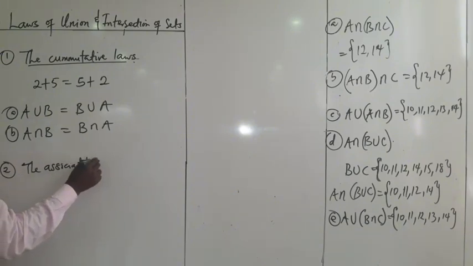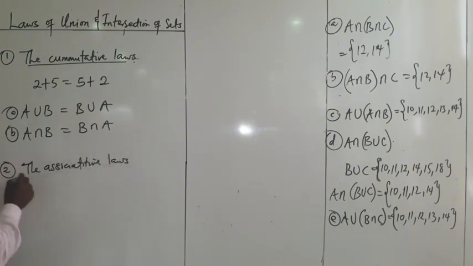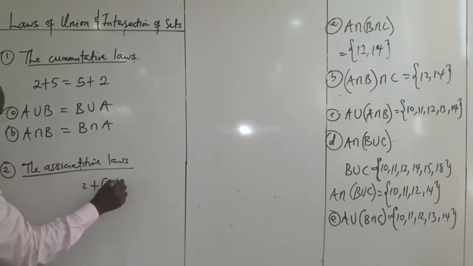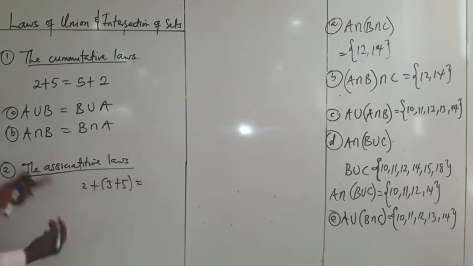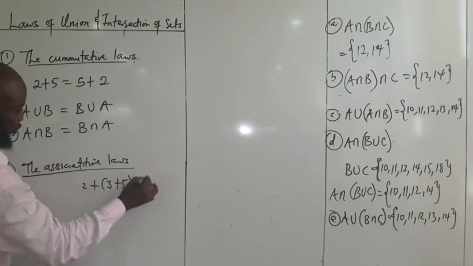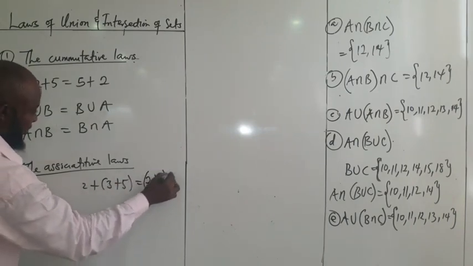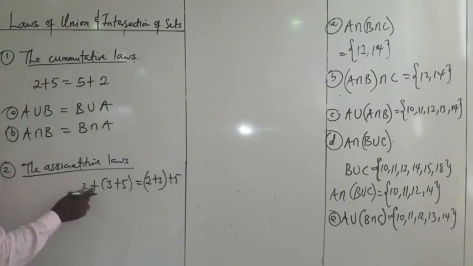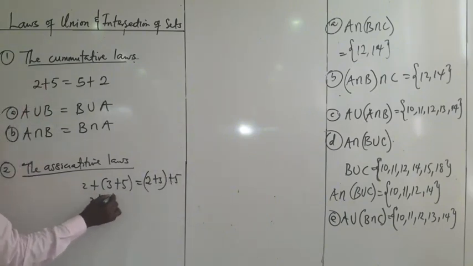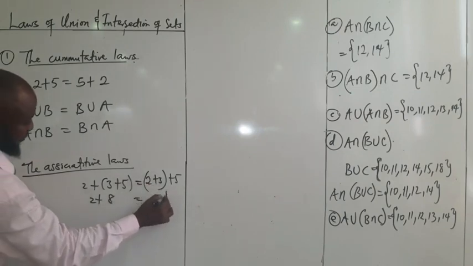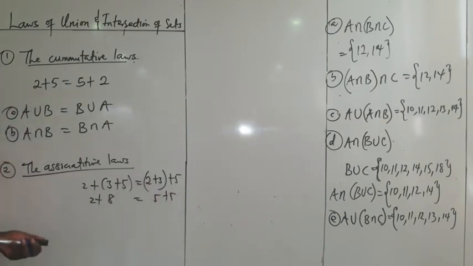So we have 2 plus 3 plus 5, and this is simply saying 2 plus 3 in bracket, plus 5. When you have this one, that should be 8, plus 2 gives us 10. The same thing with this one, this gives 5 plus 5. We are still saying the same thing.